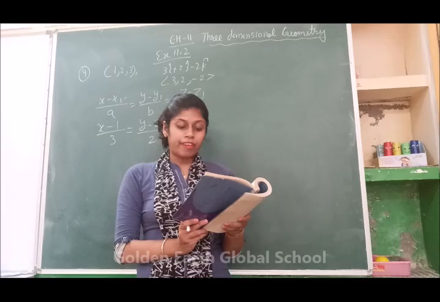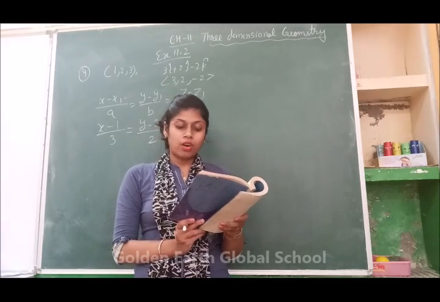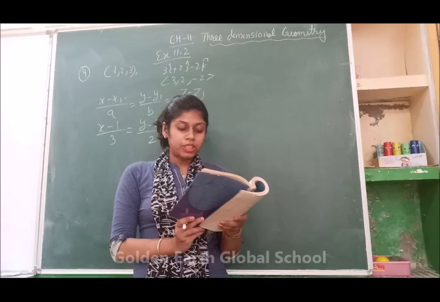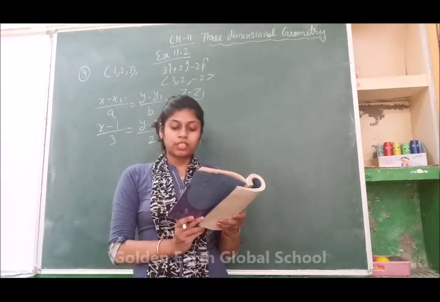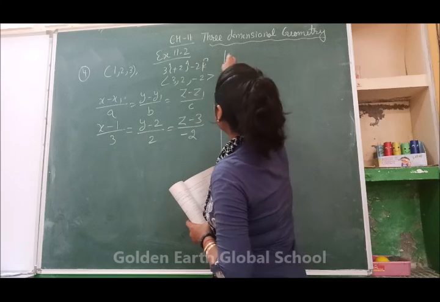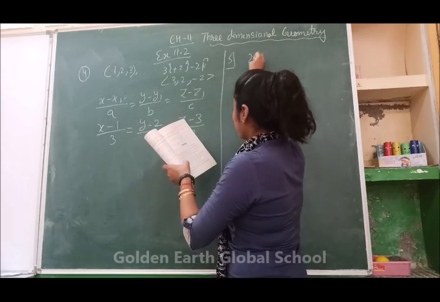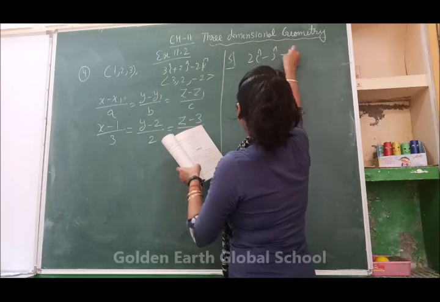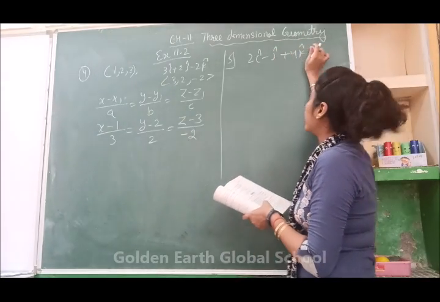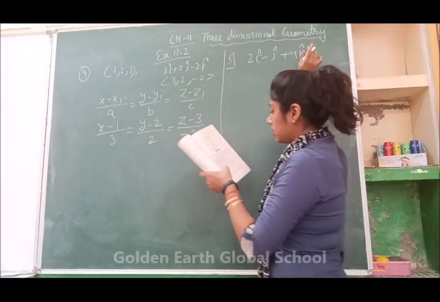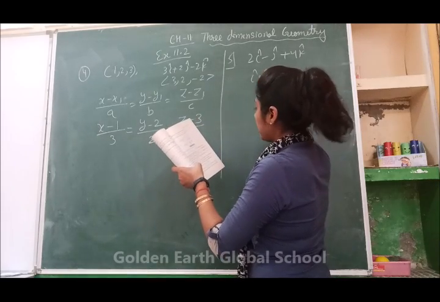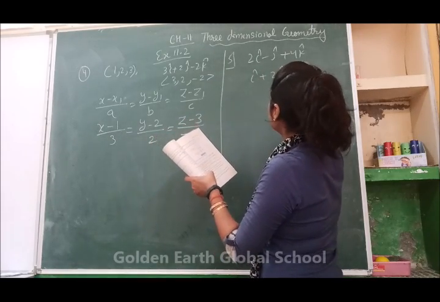Next, fifth, again we have to find the equation of the line in vector and in Cartesian form that passes through the point with this position vector and is in the direction of this vector. See the fifth question. This is the passing point, the point from which the line passes, and the direction is i plus 2j minus k.